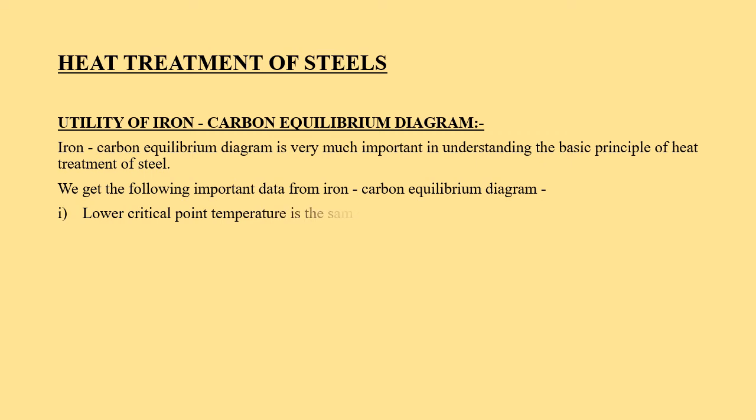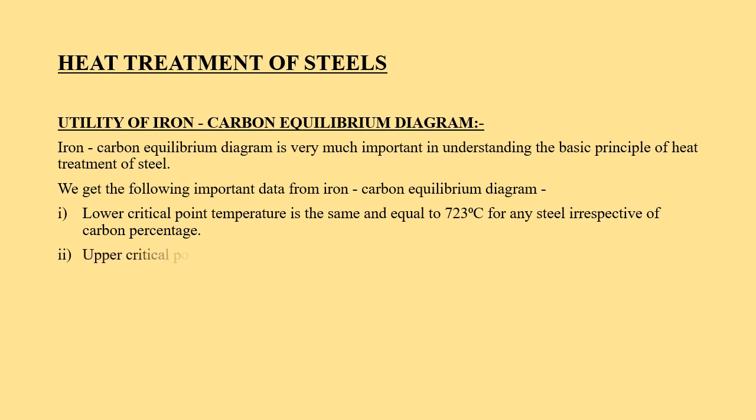The lower critical point temperature is the same and is equal to 723 degrees centigrade for any steel irrespective of carbon percentage. The upper critical point temperature is different for different steel having different percentage of carbon.